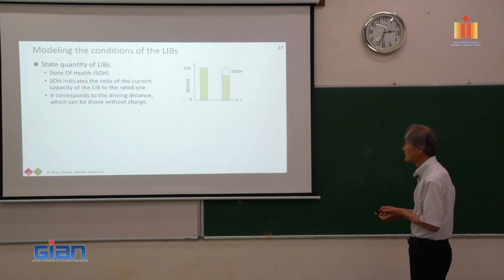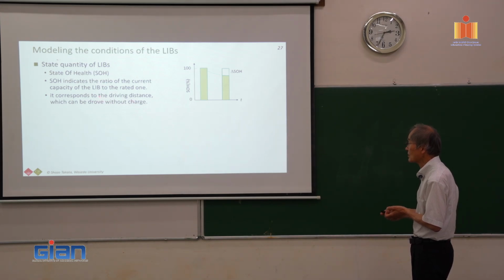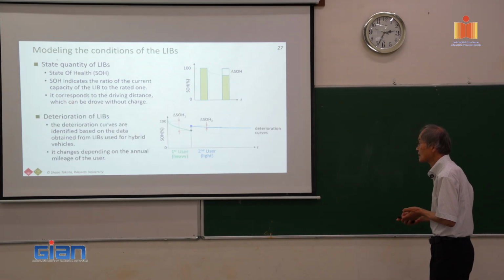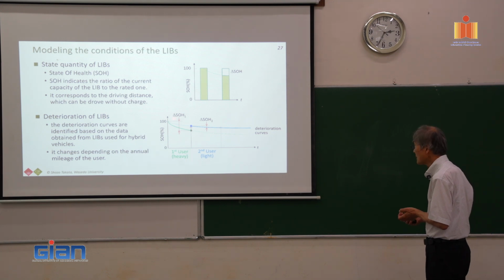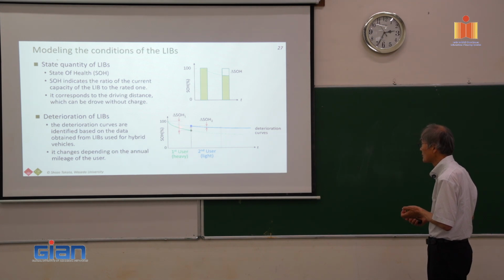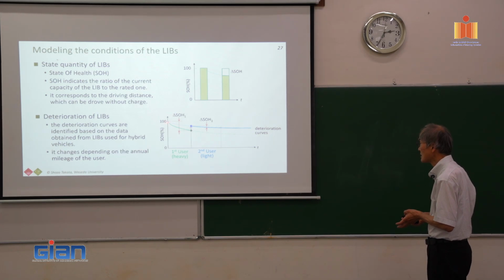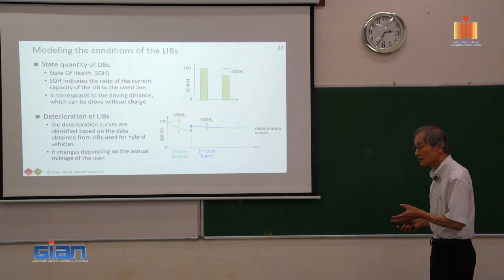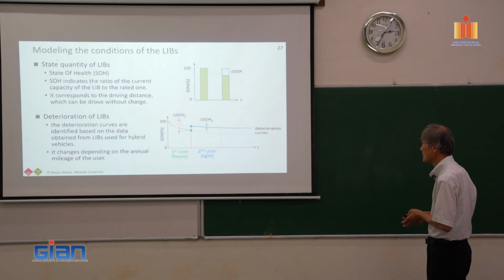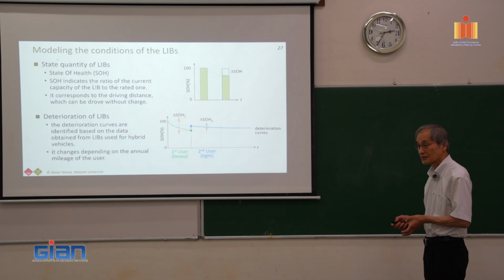The SOH indicates the ratio of the current capacity of the battery to the rated one. So it corresponds to the driving distance which can be driven without charge. And also we collected data from the car manufacturer on how the battery deteriorates, and then modeled this, which is included in the lifecycle approximation model.